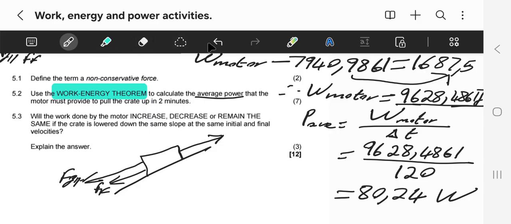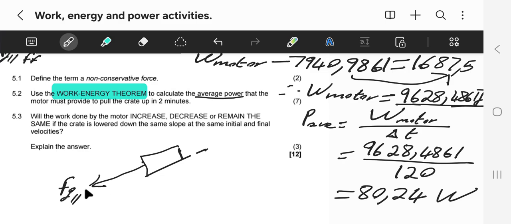But now things have changed because the object is moving now downwards. So that means we no longer necessarily have this force. We no longer have that force. And friction is no longer acting this way. It's acting elsewhere. But the force of gravity parallel is still acting this way.